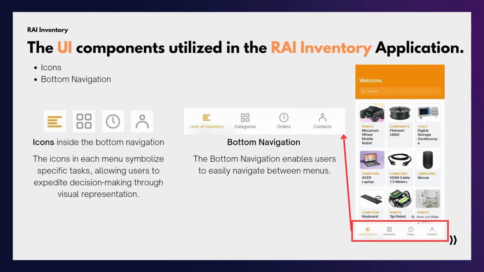Icons inside the button navigation. The icon in each menu symbolizes the specific task, and by using the visual representation, which is an image, you can recognize it more easily. So you can switch between each menu seamlessly without thinking.